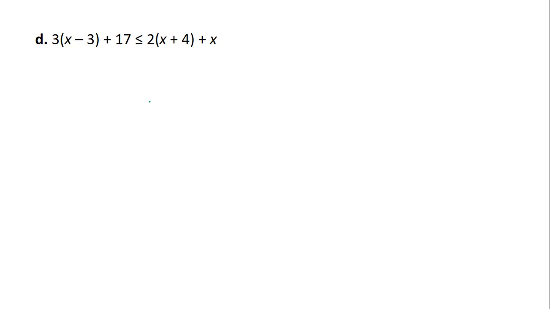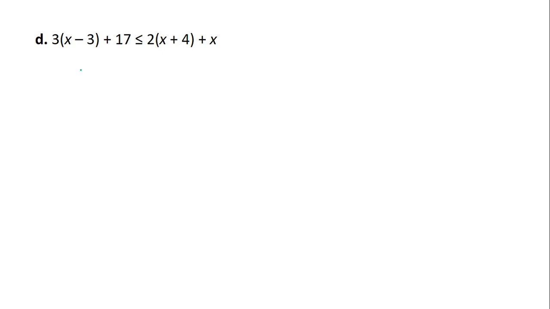Example D is to solve the inequality 3 times the quantity x minus 3 plus 17 is less than or equal to 2 times the quantity x plus 4 plus x.